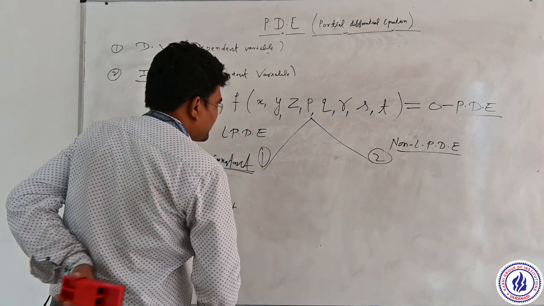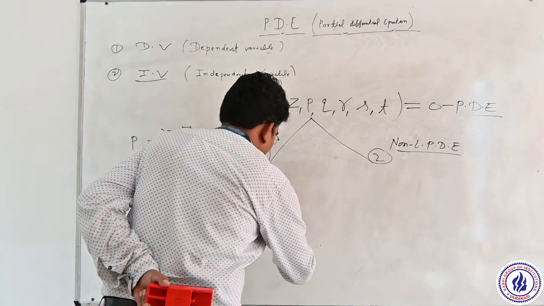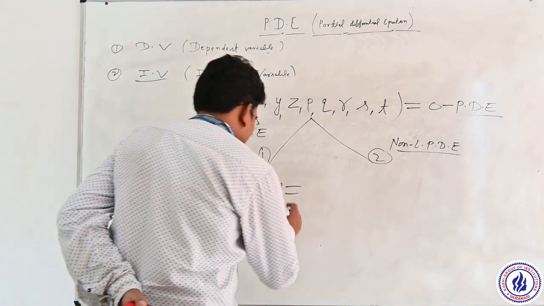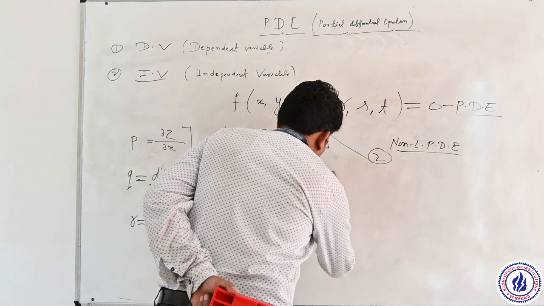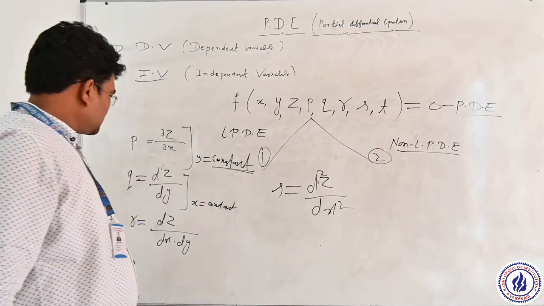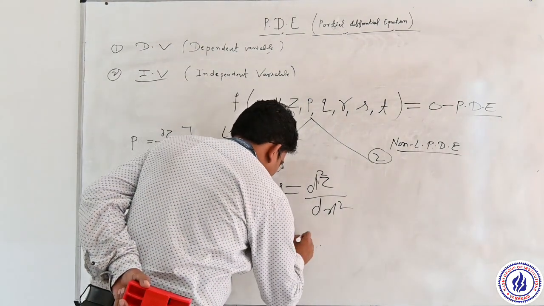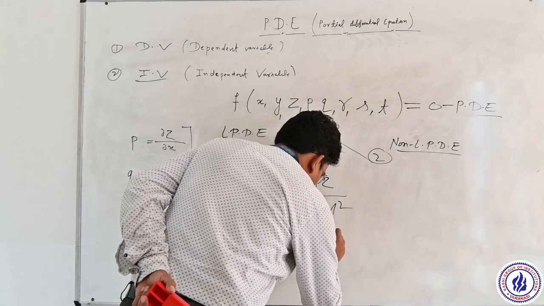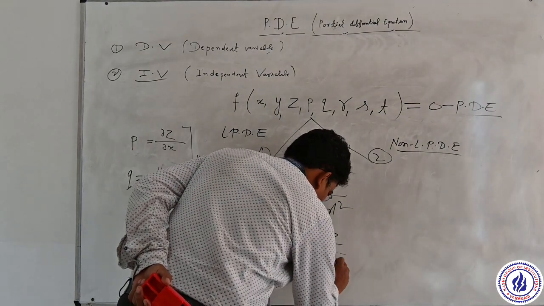And after that you have s, that is differentiation of z with respect to x and then y, and lastly you have t, that is differentiation of z twice with respect to y.